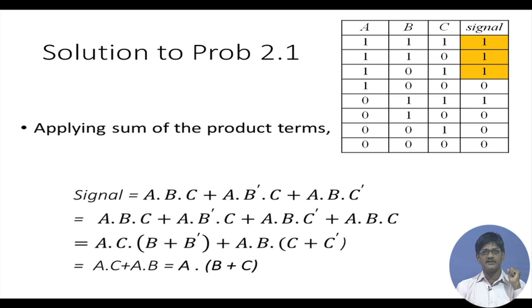Ultimately we have A and C or A and B, which is equal to A and B or C. So, we have this simple circuit, A ANDed with B or C. This simple circuit will be controlling successfully the flow of coolant to a grinding machine. These 3 inputs, just to remind you, are concerned with temperature, surface speed and feed of a grinding machine.